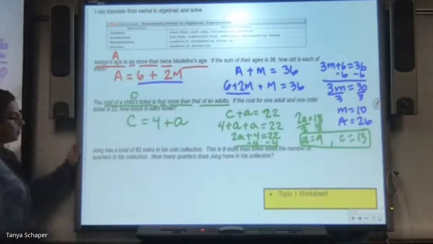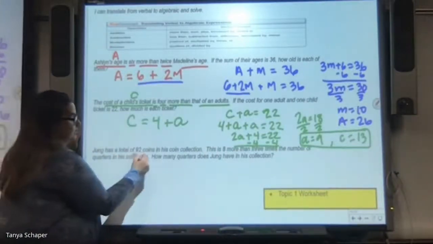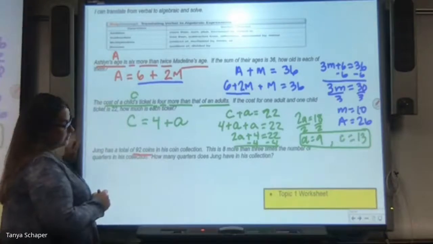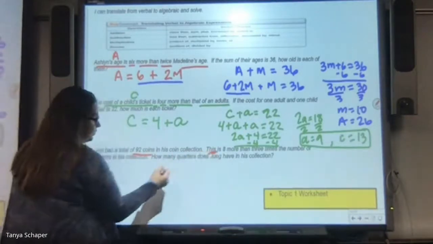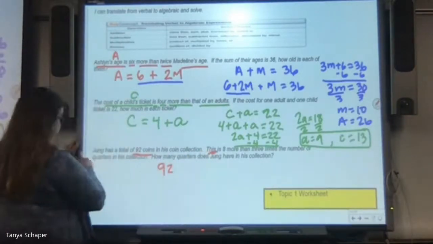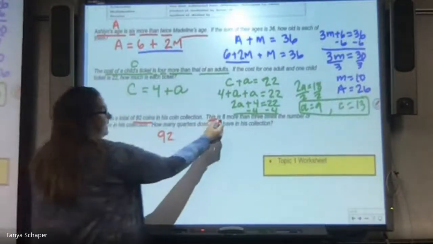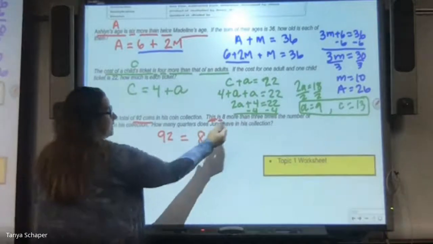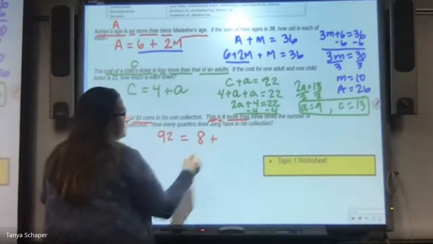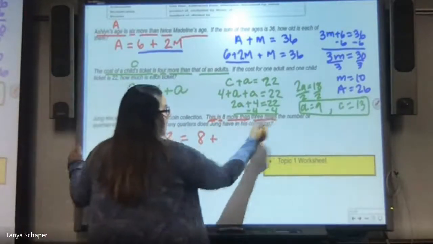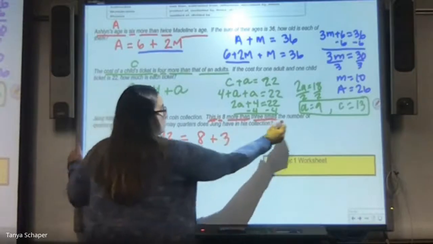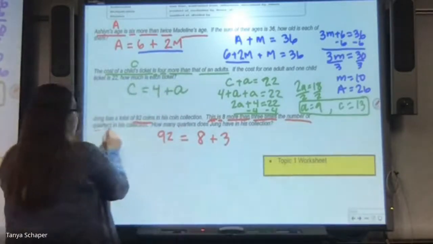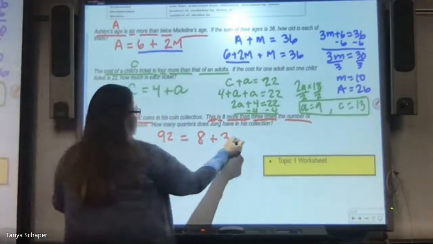Here we go. Zhang has a total of 92 coins in his collection. So 92 equals 8 more than 3 times the number of quarters in his collection.